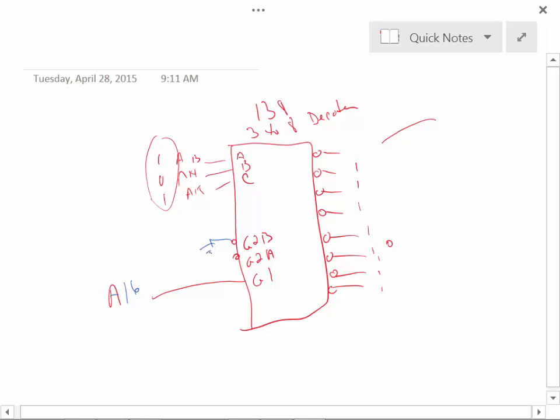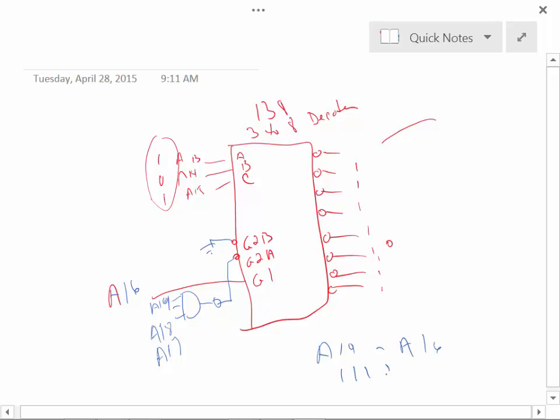This one is tied to a NAND gate right there, right? And this has got A19, A18, and A17 right there. Right now this is set up to where A19 through A16 are 1, 1, 1, 1, or F, right?